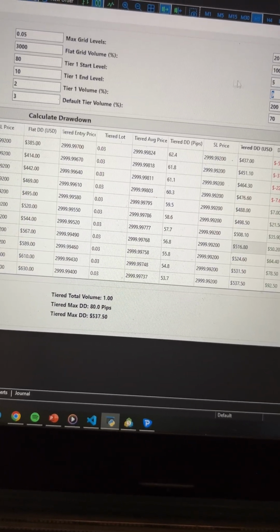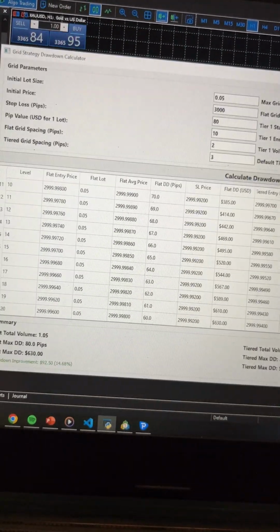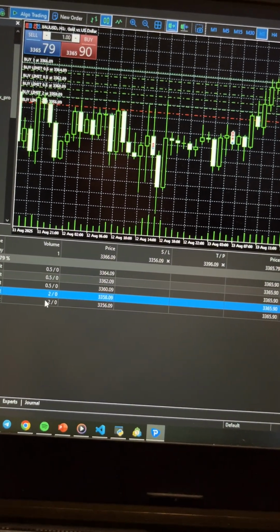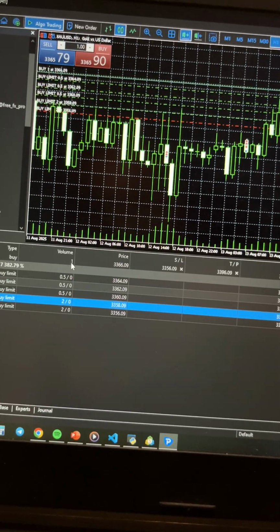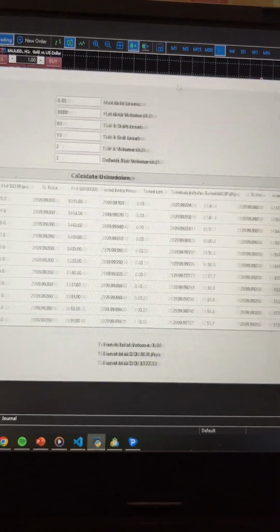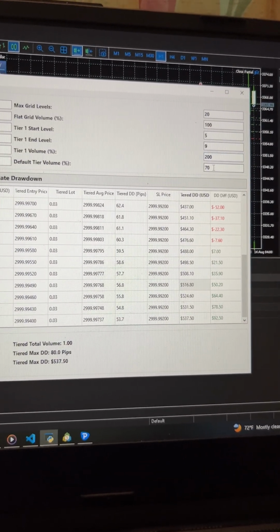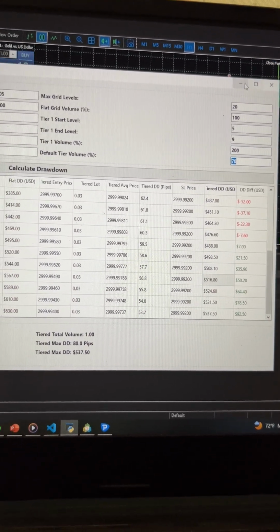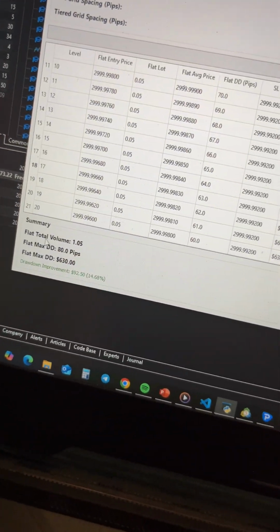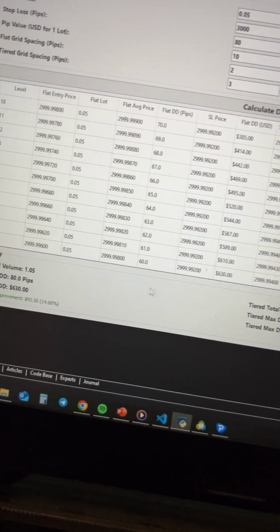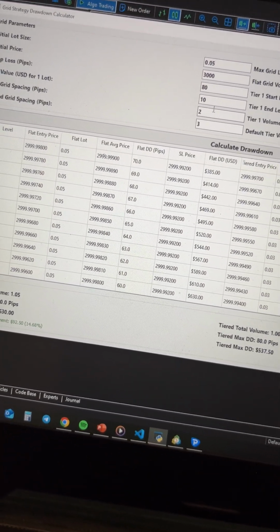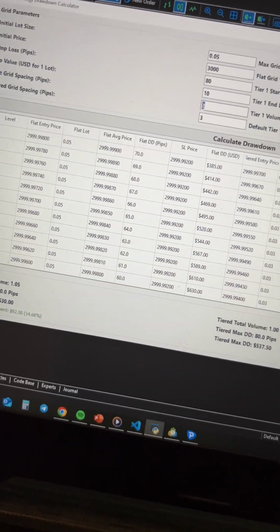Tier 5 and tier 9 use 200% of the initial lot size, and for the rest I will adjust to around 66%, so in the end we have the same total volume as the previous strategy that I used before, which is using 2 pip step.